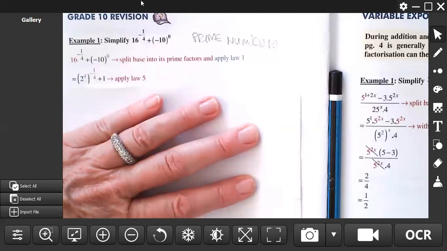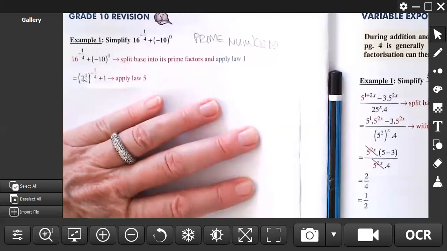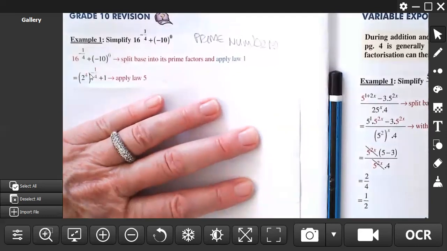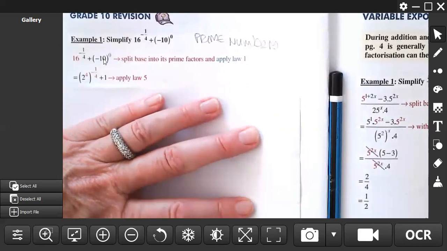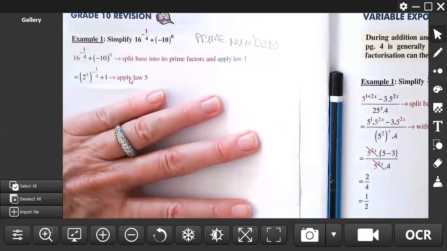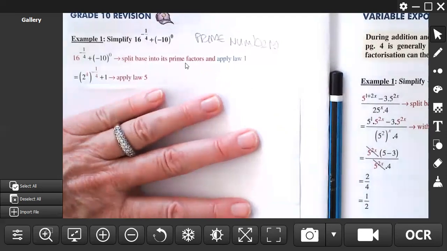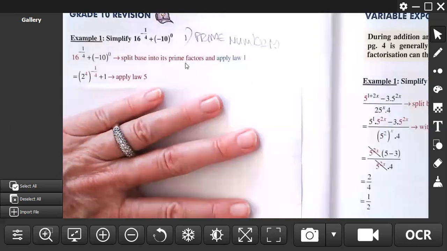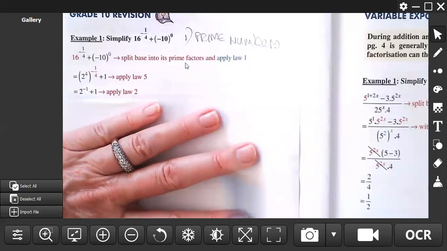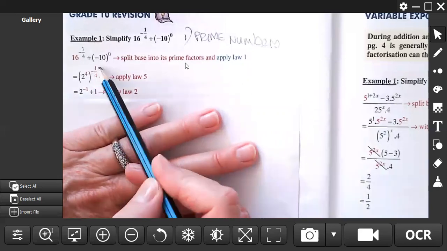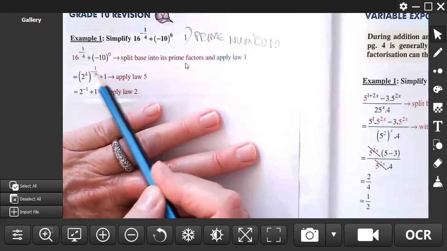Now, the 16 is now 2 to the power of 4, to the power of minus a quarter, and we know that this is 1. So you can forget about apply this law or apply that law. We are talking about prime factors. This is the first thing. The second one is now we are going to multiply in the exponents here.